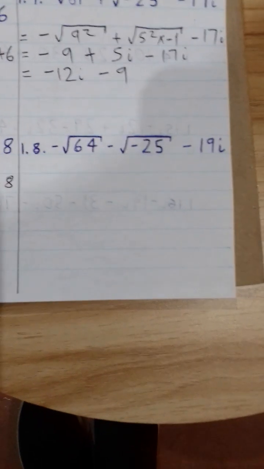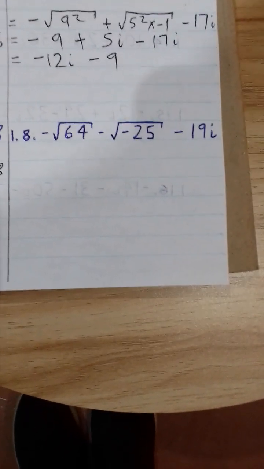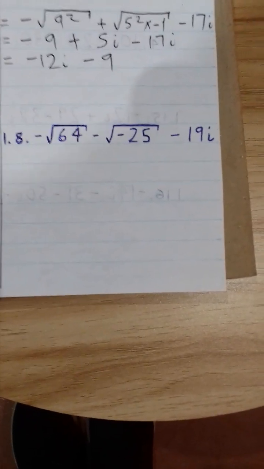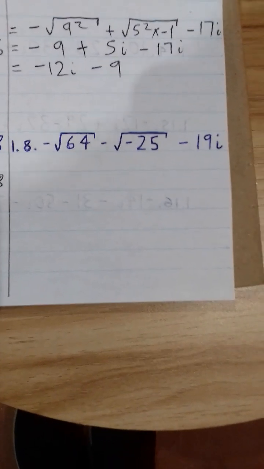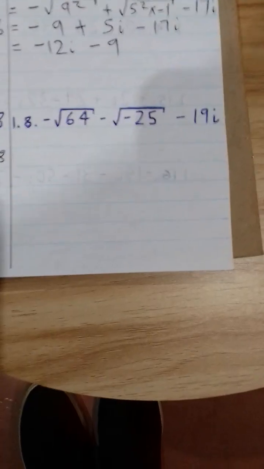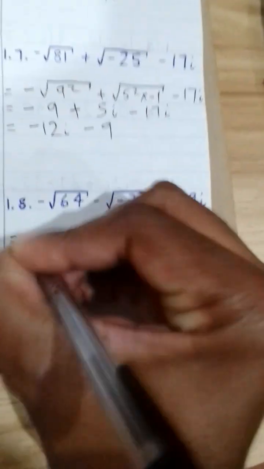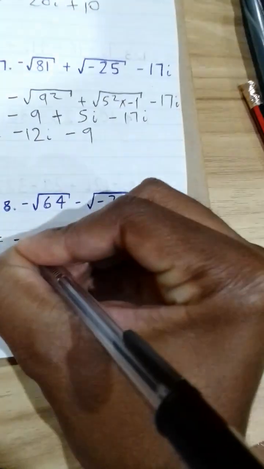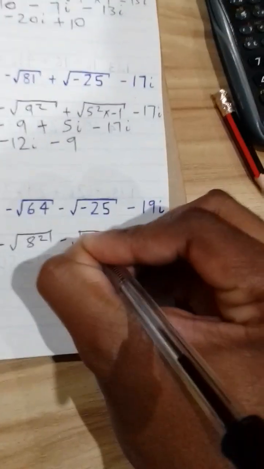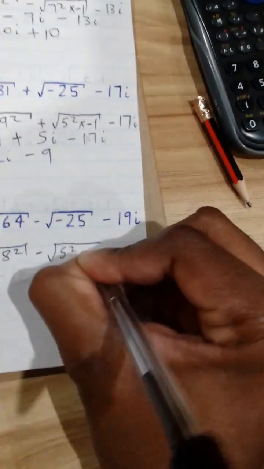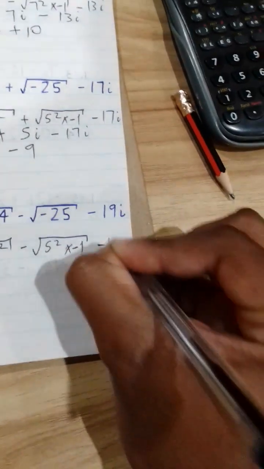1.8: negative square root of 64 minus square root of negative 25 minus 19i. So this is going to be minus square root of 64, 8 squared, minus 25, 5 squared, times negative 1, minus 19i.